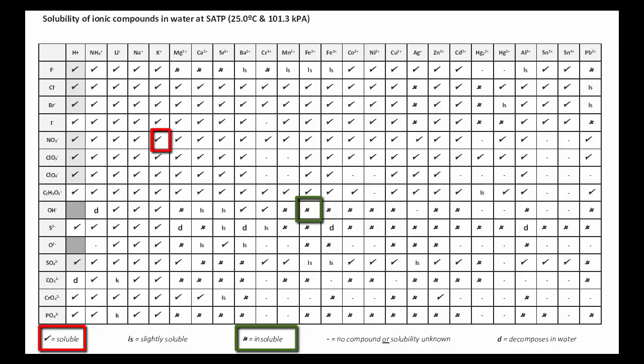What this means is that I should see a precipitate form. I should see a solid form after the combination of these 2 reactant solutions. What I should see is an iron(III) hydroxide precipitate, because the combination of the iron(III) ions and the hydroxide results in an insoluble substance.